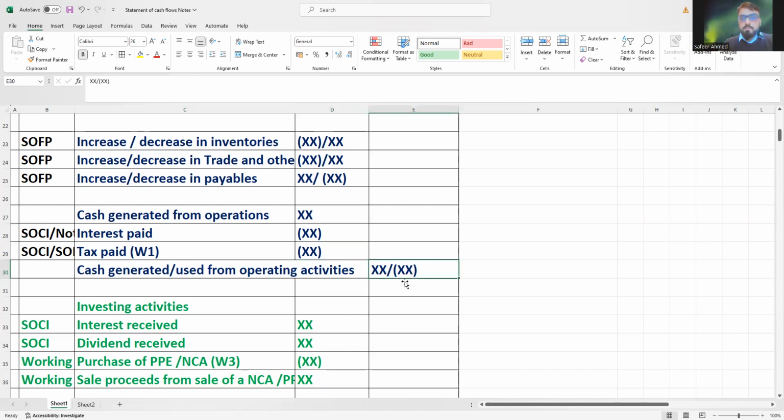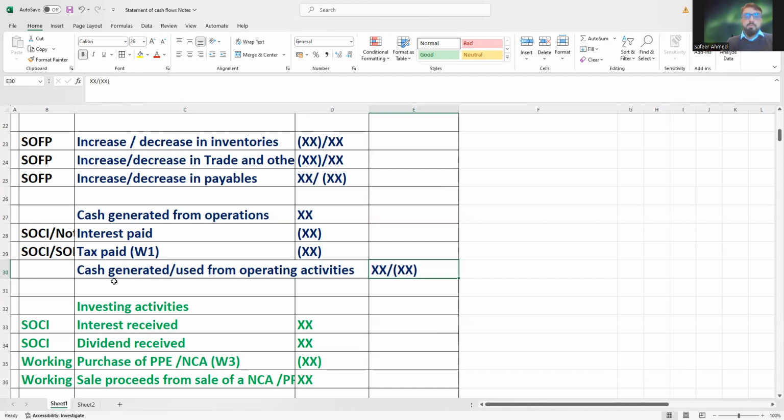So in other words, this shows you how much cash we have generated, and you can compare it with your profit as well; you will see there will be a difference. And why? Because of those non-cash items and because of those non-operating items as well.